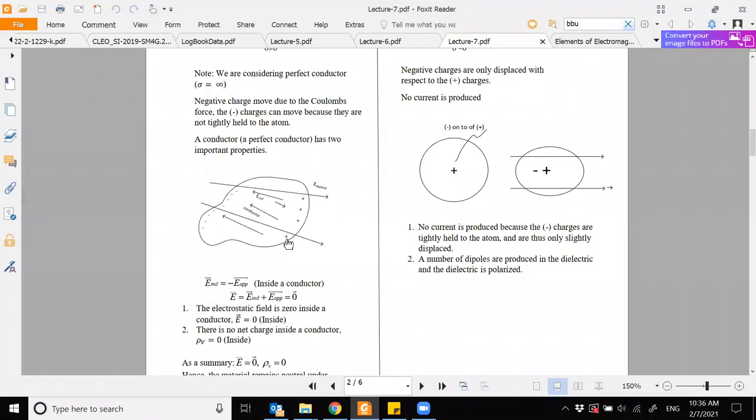But now you can think that the electrons have come out of the valence band and become free electrons, and they have been pulled into one direction, and all the atoms with the nucleus, the positive charges, might have moved in the other direction. But overall, the number of positive and negative charges will be the same. So the net charge will be zero. There will be no net charge inside the conductor. Therefore, the charge density will be zero.